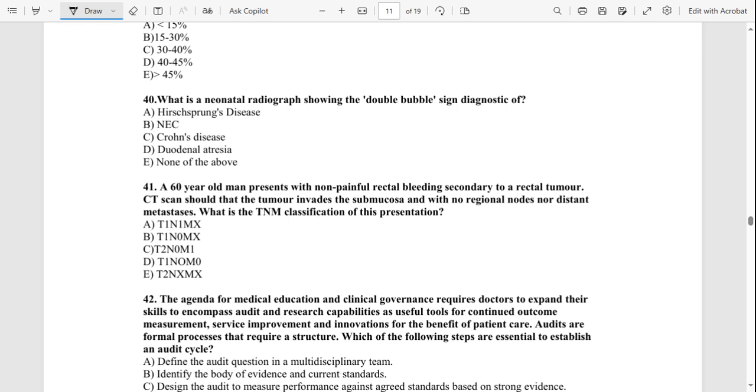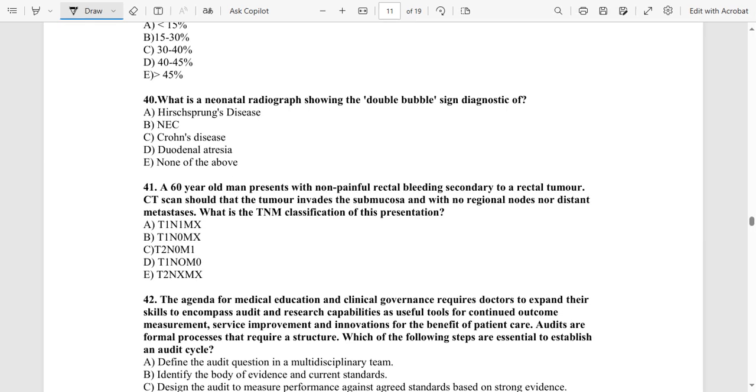So the double bubble sign, diagnostic of, anyone? What does it show? Any thought?